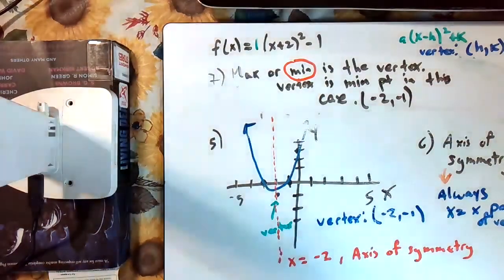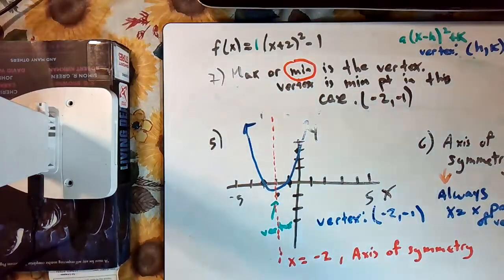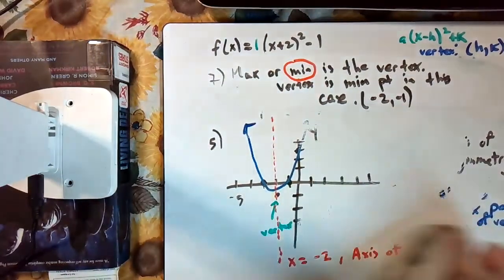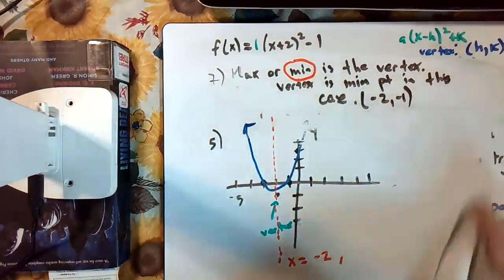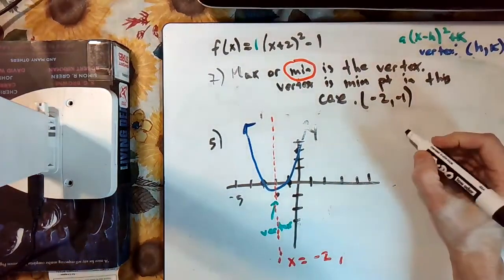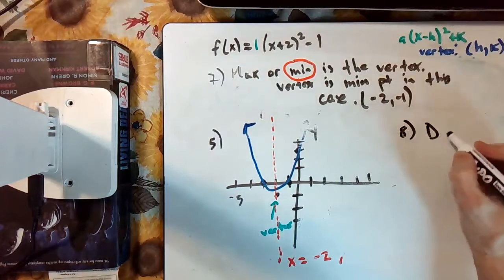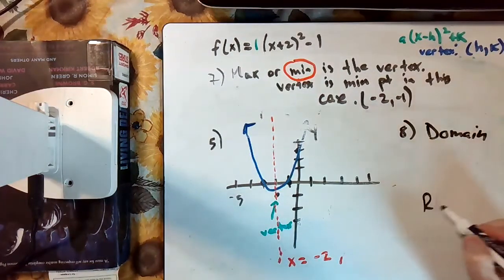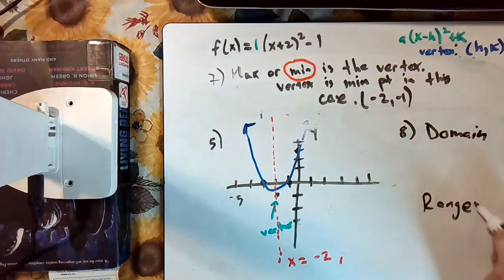And the last part was asking us to determine the domain and range, right? Always coming back to that. And of course, they want an interval notation, right?